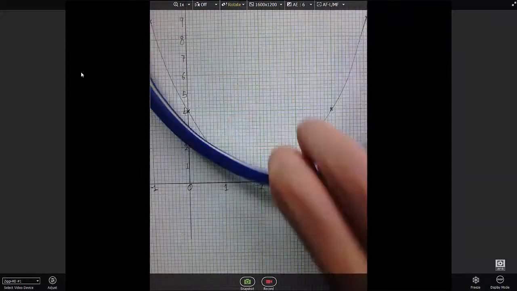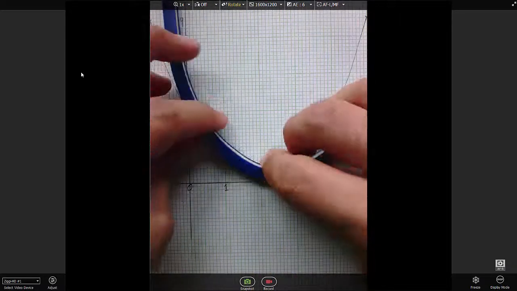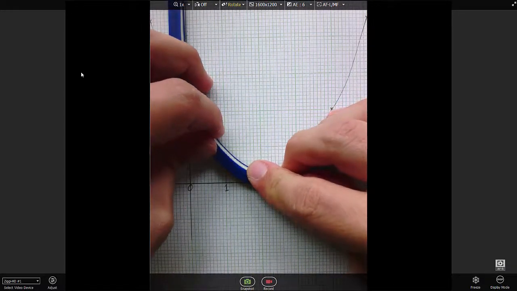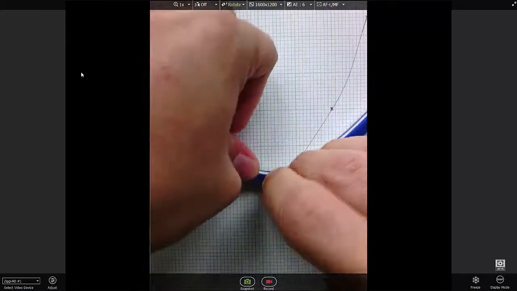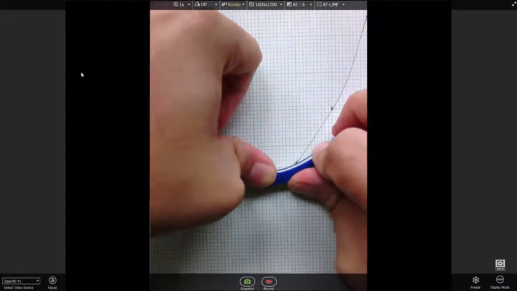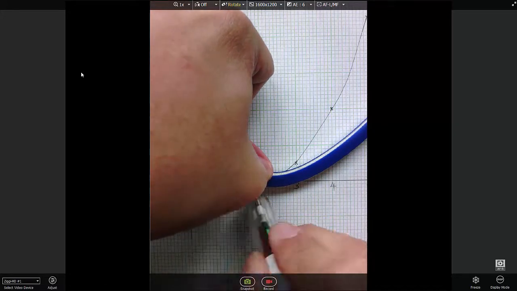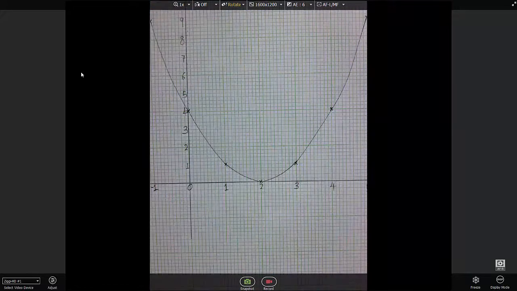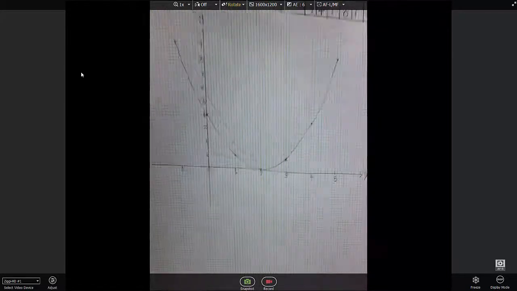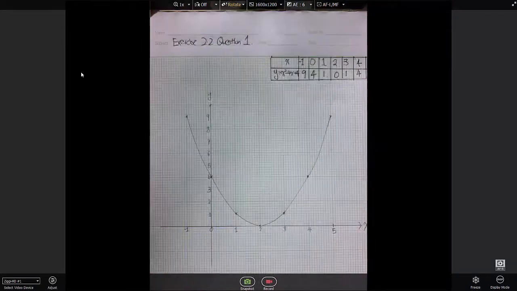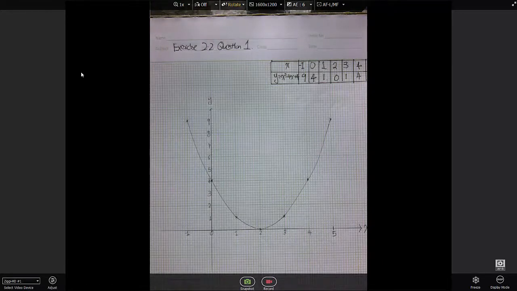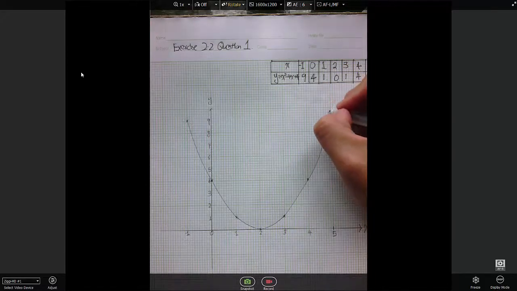And I've drawn this part here. And the last part here, I will try to draw like this. I press my ruler downwards. And 3. And notice, now if I draw the curve upwards, it is a smooth graph. Now I label the graph y equals x squared minus 4x plus 4.